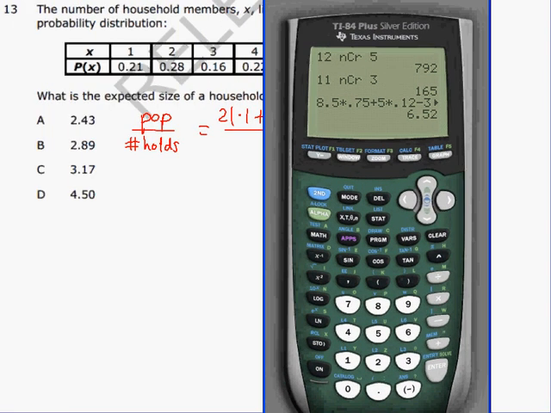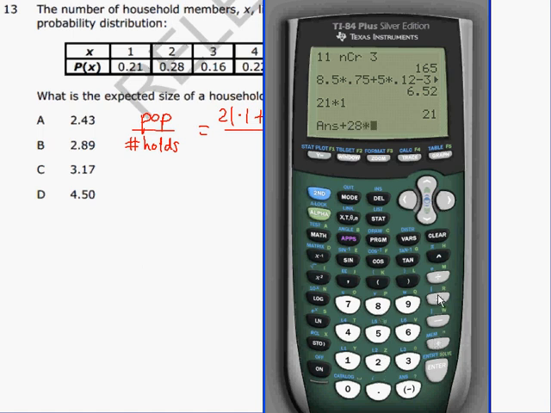So we're going to start with the 1. There are 21 households that have 1 person in them. So that's 21 people. And then there are 28 households that have 2 people in them. So that's 56 people. And there are 16 houses that have 3 people in them. That's 48. And there are 22 houses that have 4 people in them.